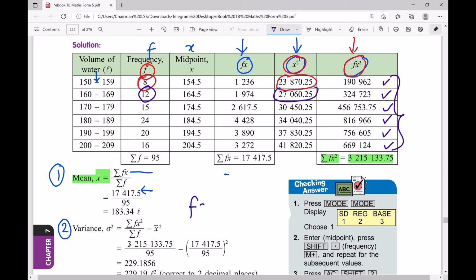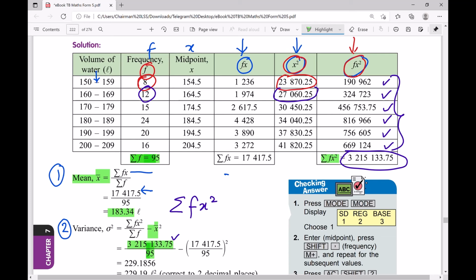Your fx square total is where? This one, right? So, this is it. You divide it with your total frequency, this one. Yeah. So this is your total frequency. You minus with your mean. Where's your mean? Just now, this one.